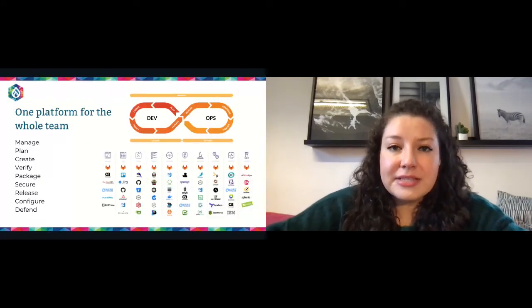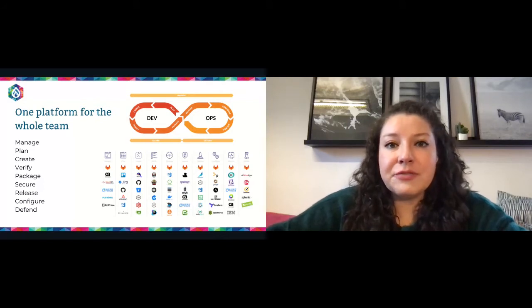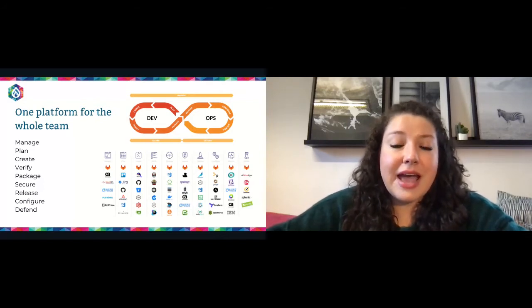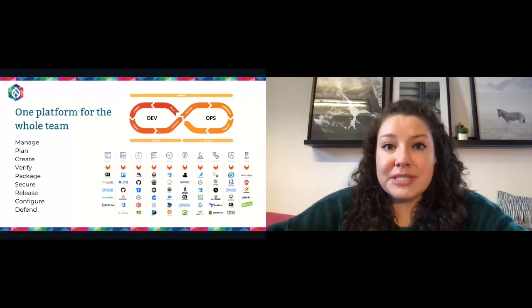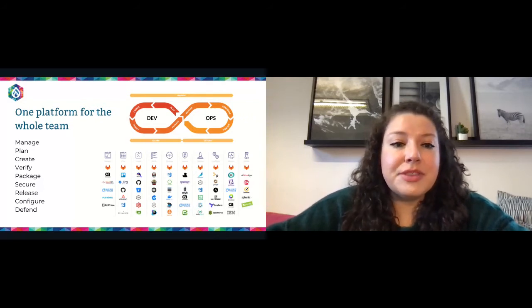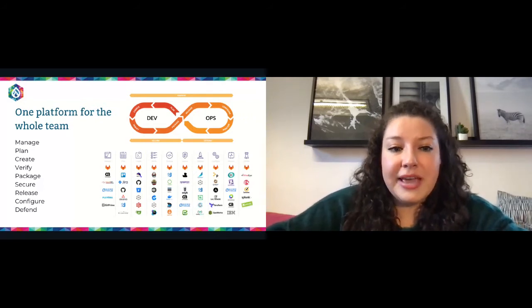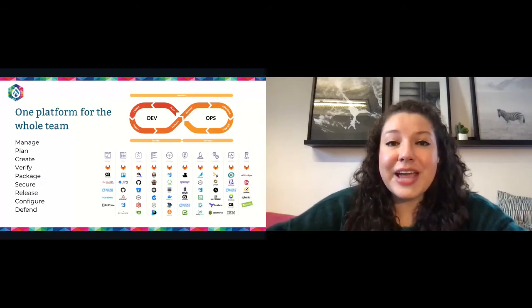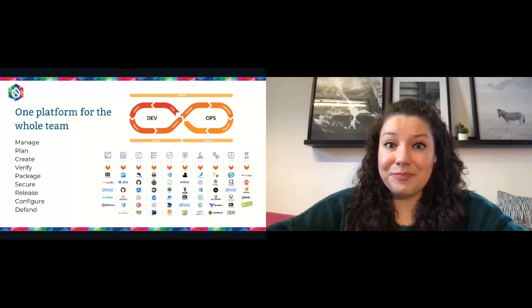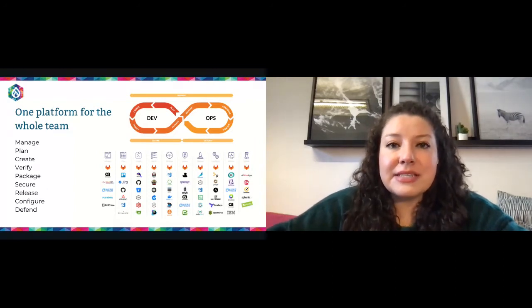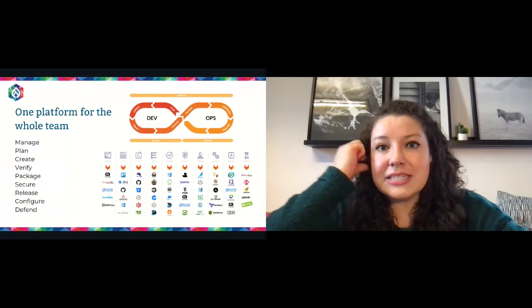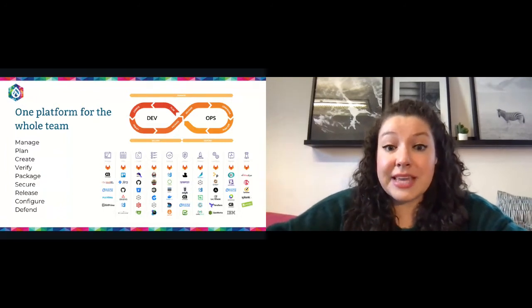When you create software, there are lots of different stages that it goes through in order to be deployed. For example, the manage, plan, create, verify, package, secure, release, configure, and defend stages. GitLab is a single platform to enable the entire software development lifecycle.